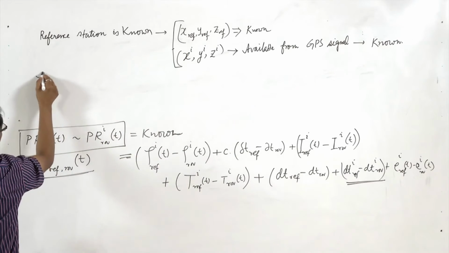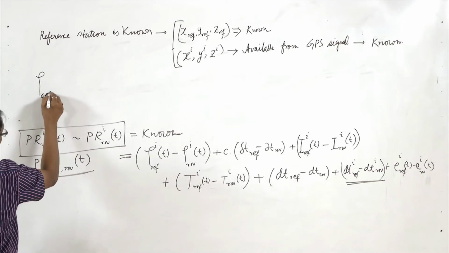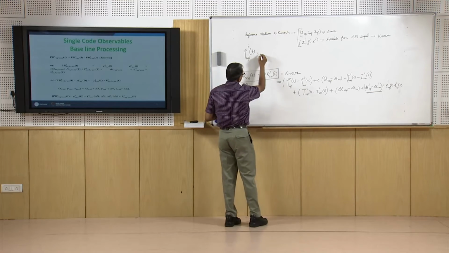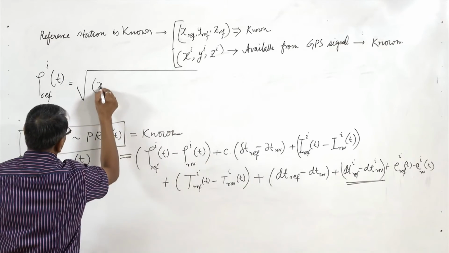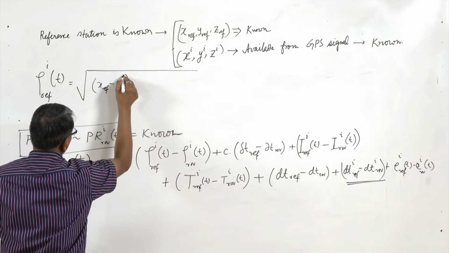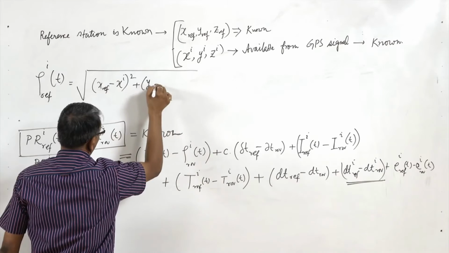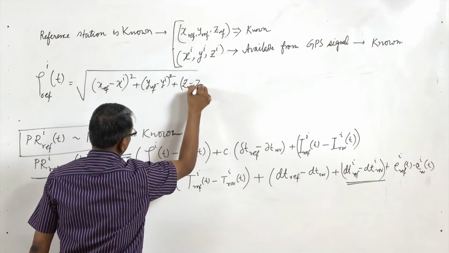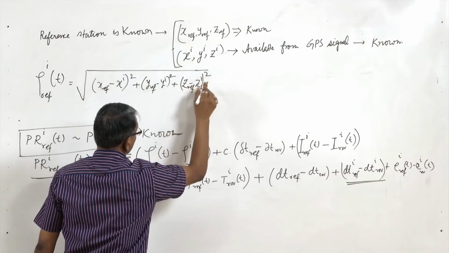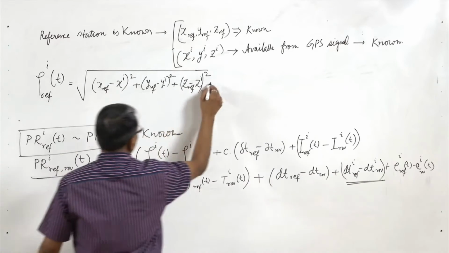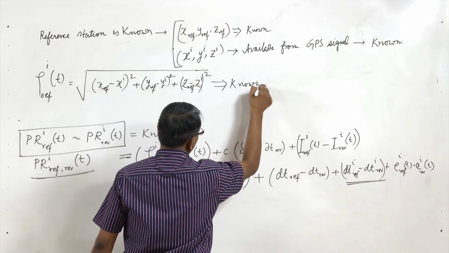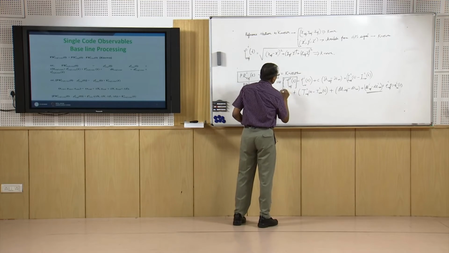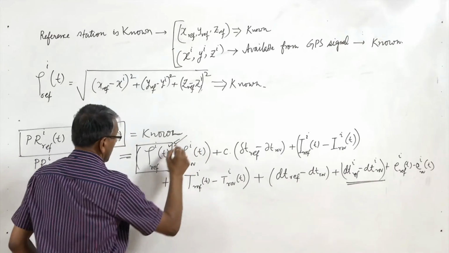The geometric range of the reference receiver from the satellite is nothing but the square root of X reference minus Xi whole squared, Y reference minus Yi whole squared, and so on. So, this part is known, this is also known.